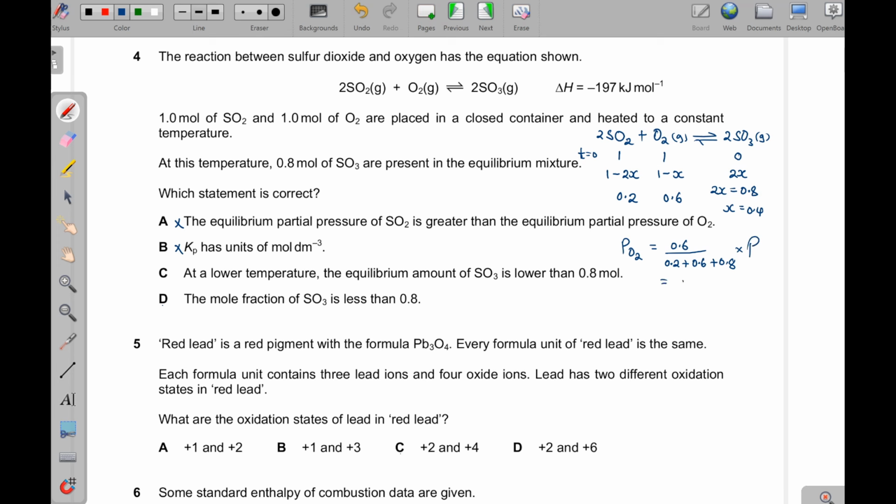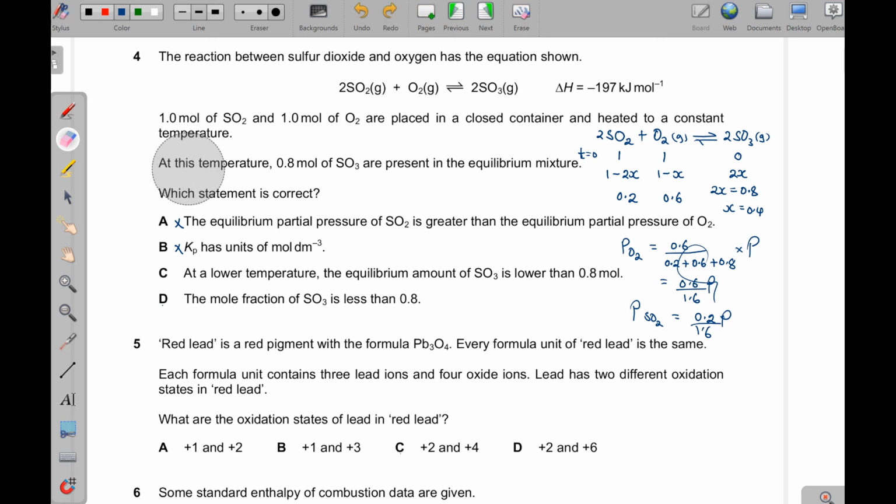But when you go to the one of sulfur dioxide, this one will be 0.2, divided by the 1.6. Automatically, this one here is going to be smaller than this. So that's why I'm also keeping this one off.